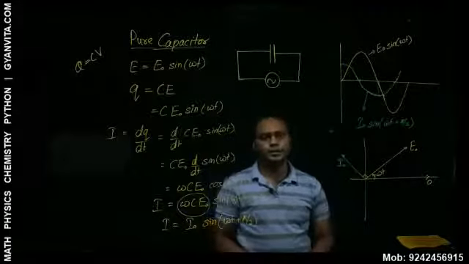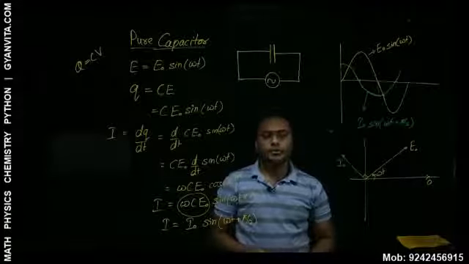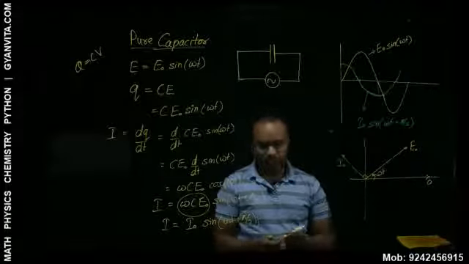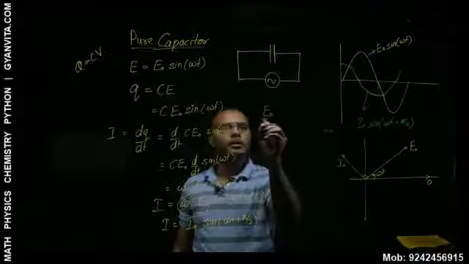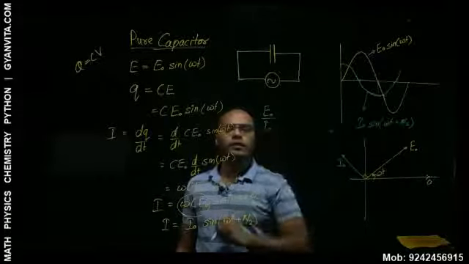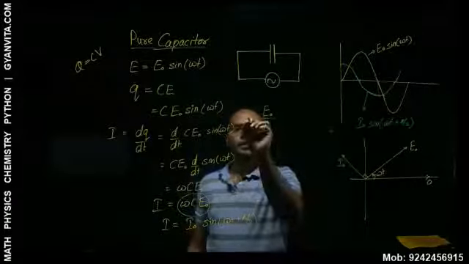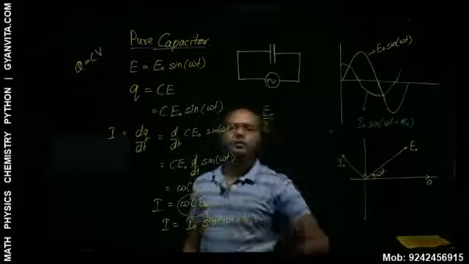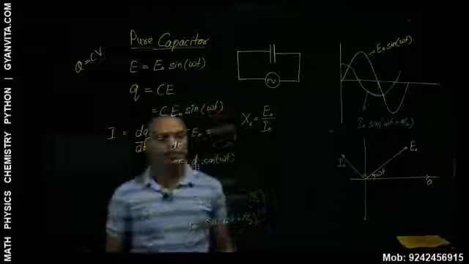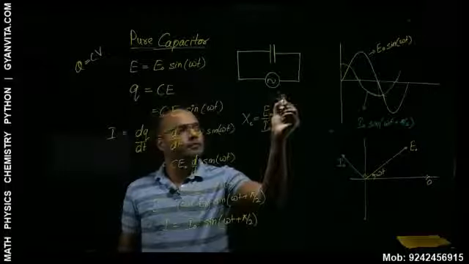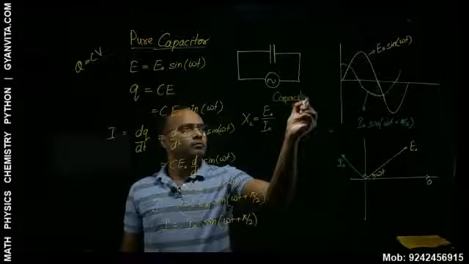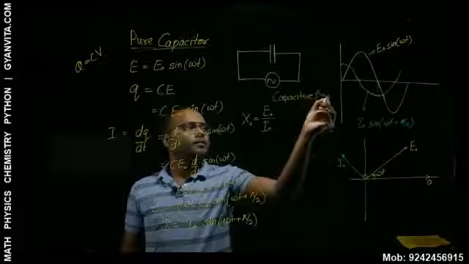Now what is left? The opposition being offered to the AC. So opposition again will be E naught divided by I naught, and this opposition I will be showing with the symbol XC. The name for this will be capacitive reactance.